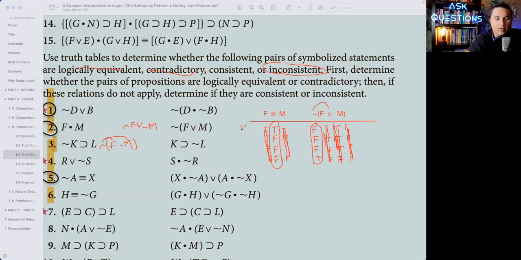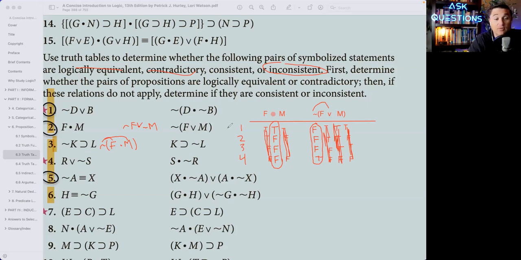And we're going to go row by row, or line by line. And what we are looking for is a row where there is truth under all the main connectives of the statements. There's only two statements here, so we're looking for a row where both statements are true.